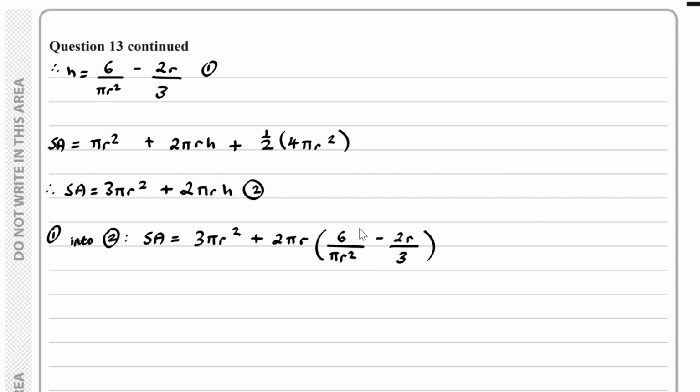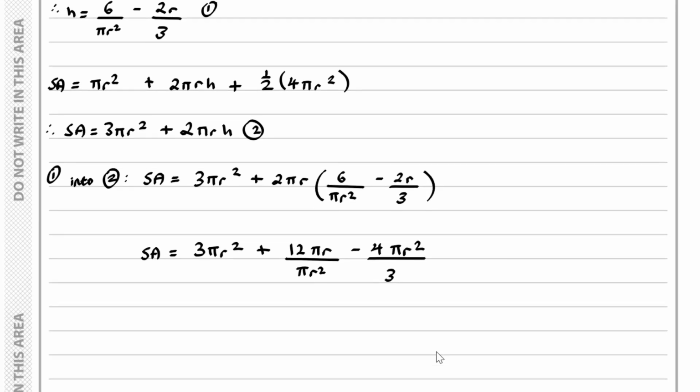So we can tidy this up a bit. The surface area is equal to 3 pi r squared plus, if we expand and simplify this, here we have 12 pi r over pi r squared, and then here we have minus 4 pi r squared over 3.